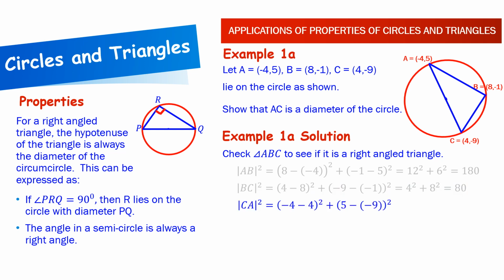And finally for CA, the length of CA squared is equal to -4 minus 4 all squared plus 5 minus -9 all squared, which is equal to 8 squared plus 14 squared, which is 260.